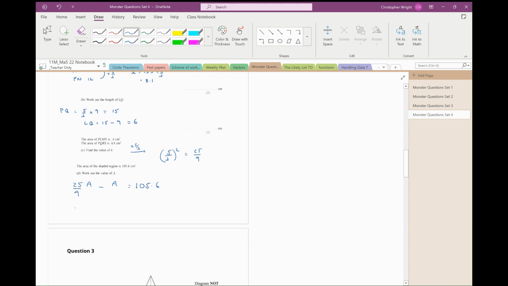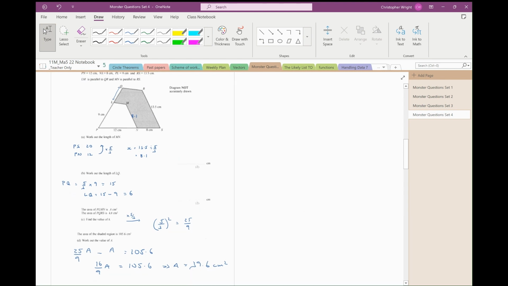I'll just do 25/9 of A minus 9/9 of A. So I get 16/9 of A is 105.6, which tells me that A is 105.6 multiplied by 9 divided by 16, which gives me an answer of 39.6 square centimetres for the area of this smaller quadrilateral. And there's my solution to that question.